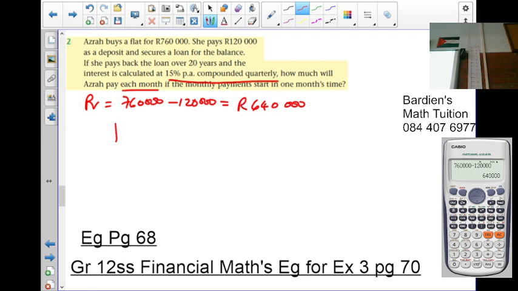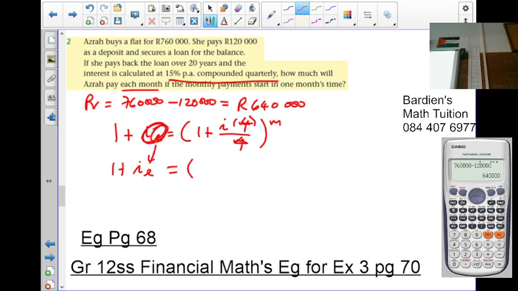What we do is use the formula 1 plus i_e is equal to 1 plus i to the m over m, to the m. In this case the m I'm going to use is compounded quarterly, so it's going to be 4 and 4. Once I get the i_e, I sub it into 1 plus i to the 12 over 12, to the 12.